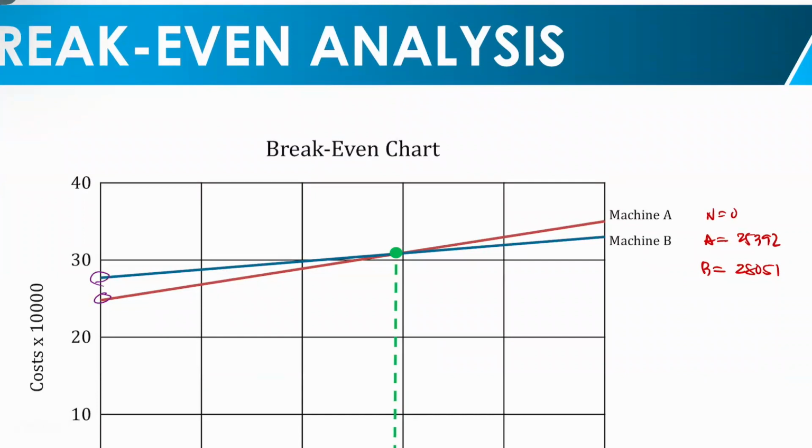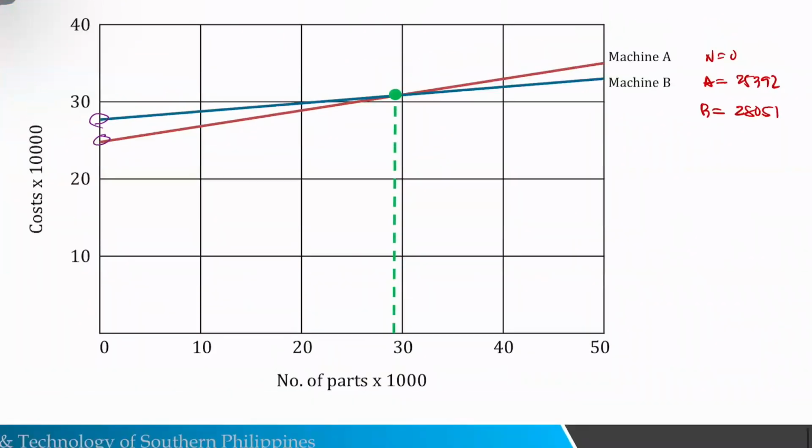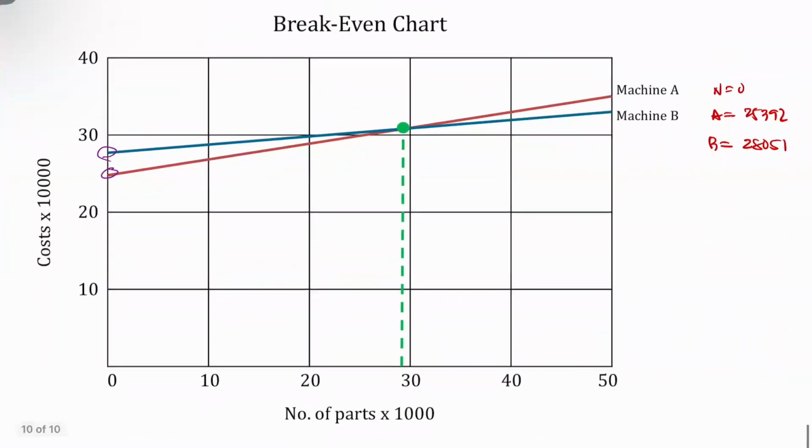Alright. Now, what happens? Which is more economical? When the number of parts produced goes beyond the break-even point. Now, as you can see, class, you can observe that less than the break-even point, A is more economical. Right?